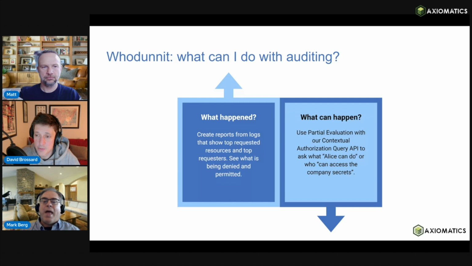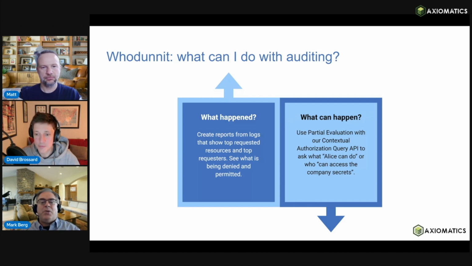You can also ask, based on a role, what does an intern have access to? So you can look at that output, and if the answer says the intern can look at the company secrets, then you know you've got a problem in your policy, which you could also catch in testing. But again, there's also testing in layers, security in layers here.